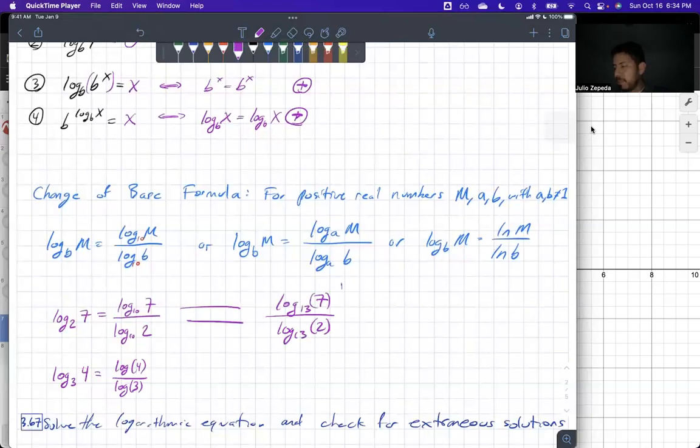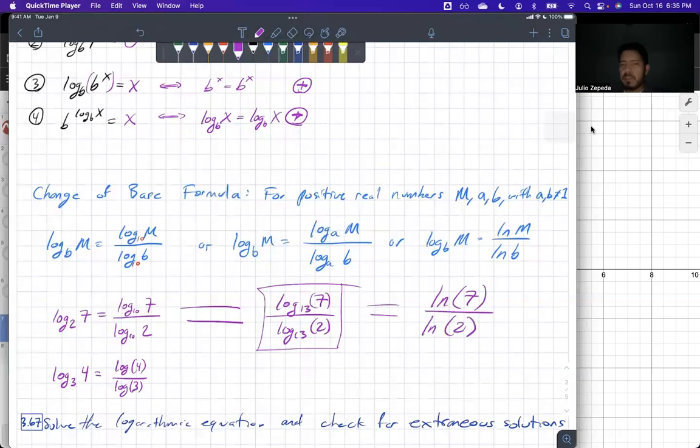But if you wanted to, for some reason, write it as log base 13 of 7 over log base 13 of 2, you could, as long as you use the same base on the top and the bottom. Another common way it's written is the natural log of the original argument divided by the natural log of the original base. Pretty much any calculator will do a natural log. Calculators will do common log and natural log.